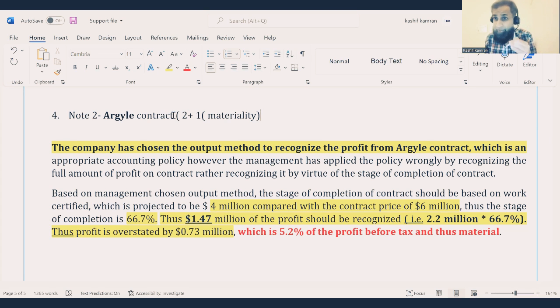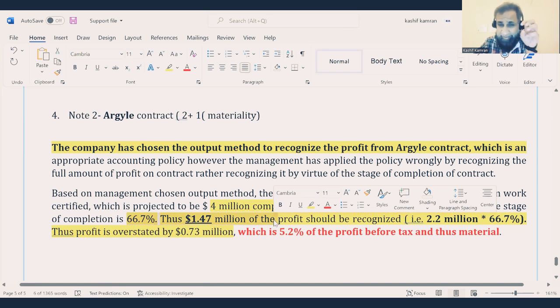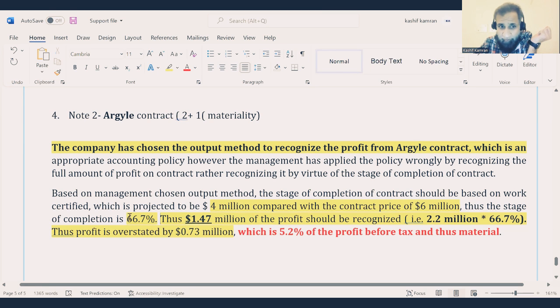So how many marks have we got? 3. An examiner tells us that if you determine a calculation or a percentage, which is part of the answer, you will get extra marks for that. Have you done calculations like 66.7% and 1.47 million?